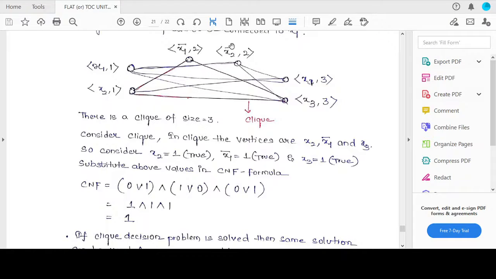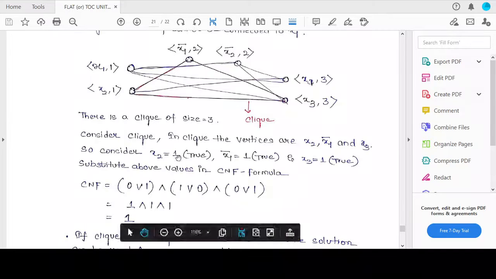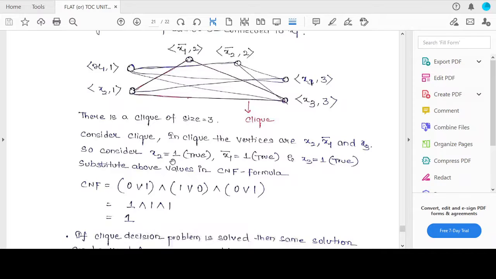What are the vertices? x1 bar is a vertex in the clique, so I am considering the value of x1 bar as 1. Another vertex is x2, which we have considered in the clique, so I am considering this x2 value as 1. Another vertex is x3, so the x3 value is considered as 1. So totally we got three vertices, and we are considering those values as true.